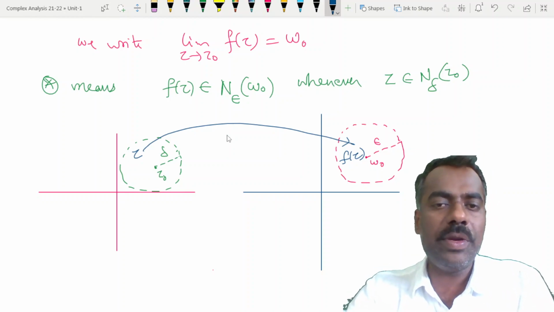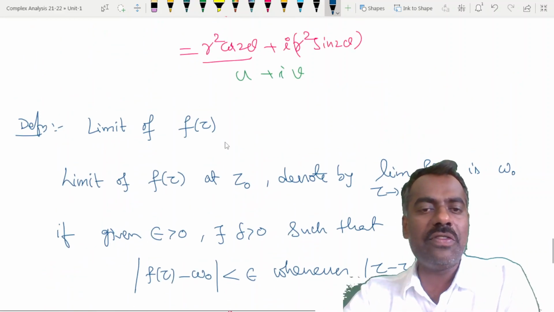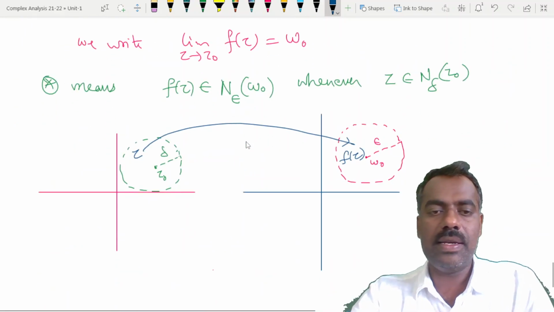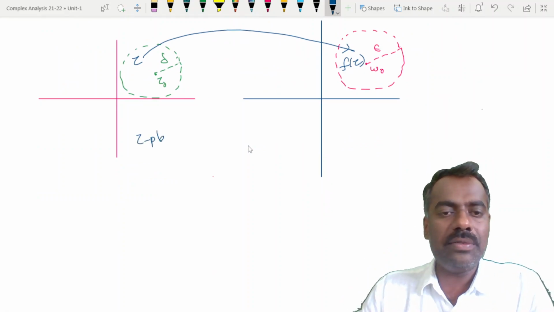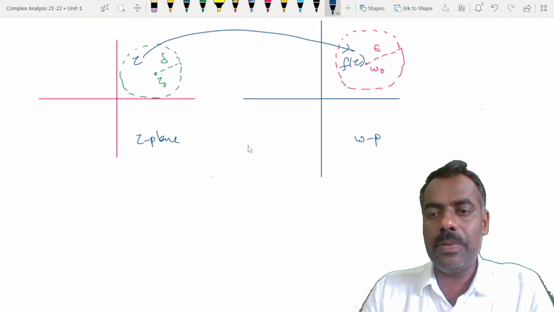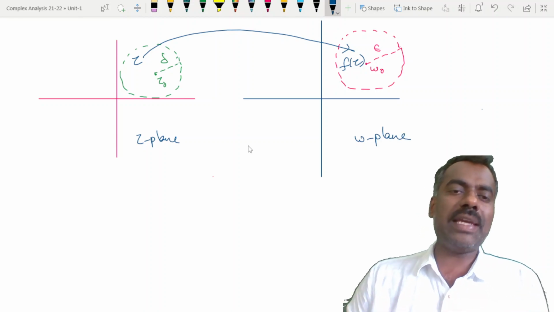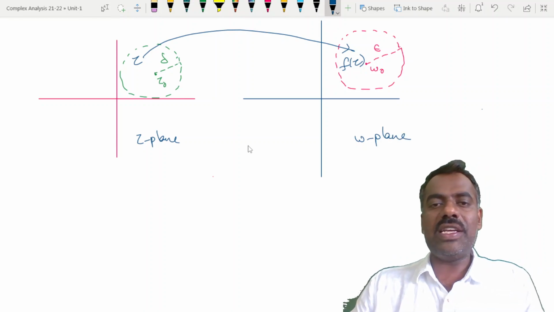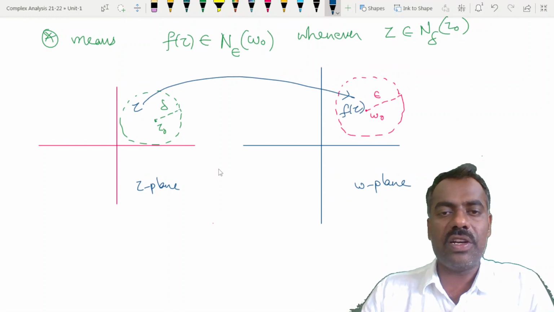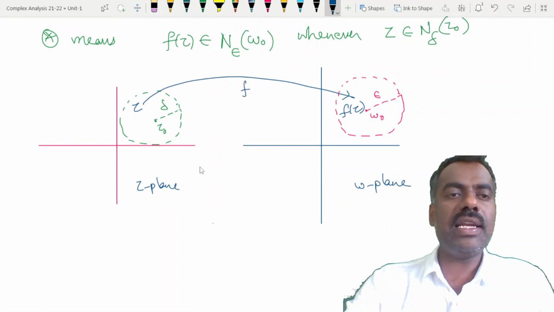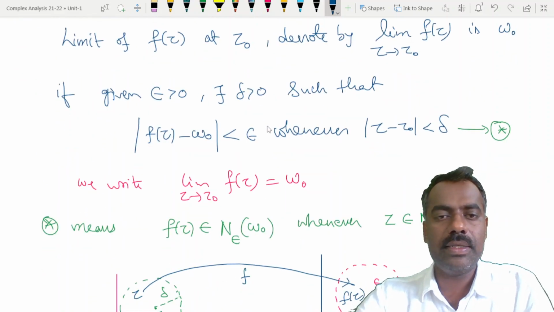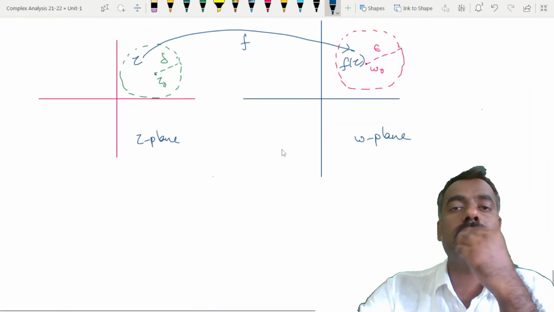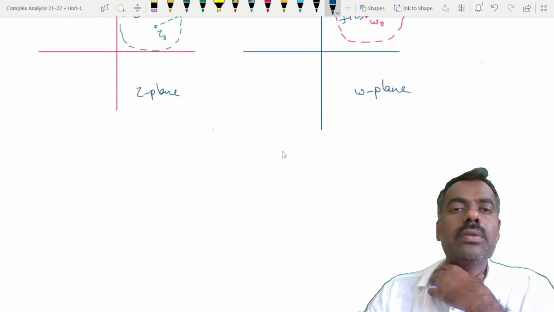That is the geometric meaning of saying that the limit of f of z is W naught. If you want, you can call this the z plane and this the W plane, even though both are complex planes. This is the function f. Is that clear? Anyone having doubts?